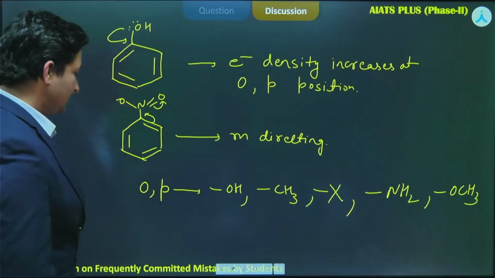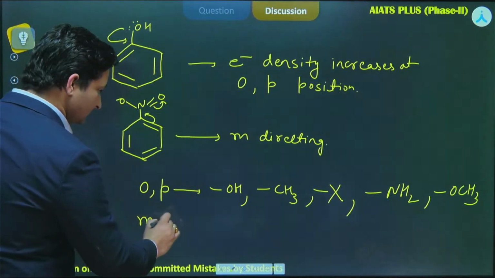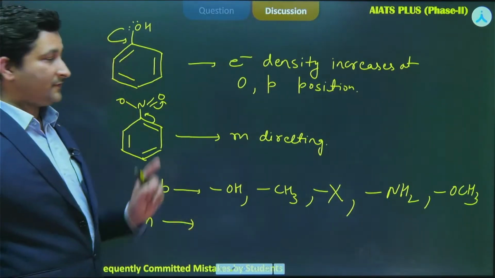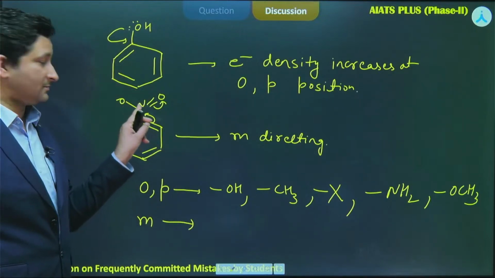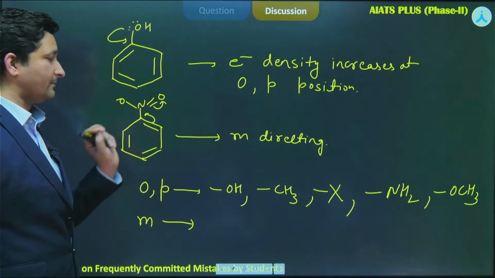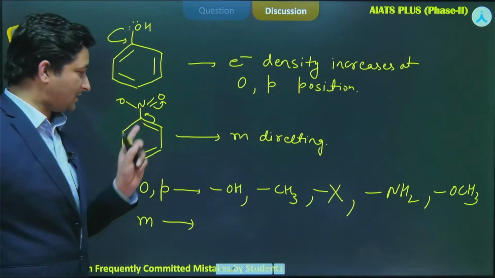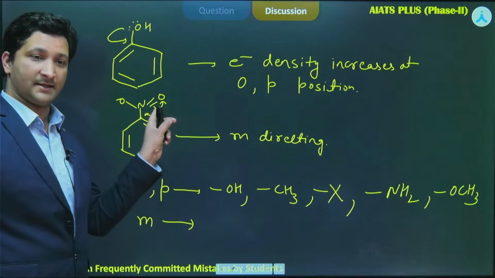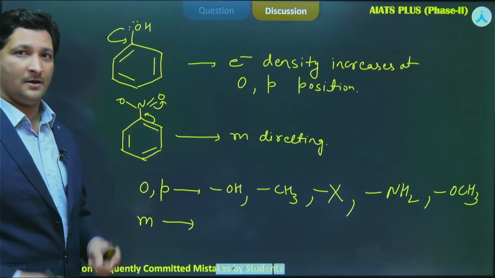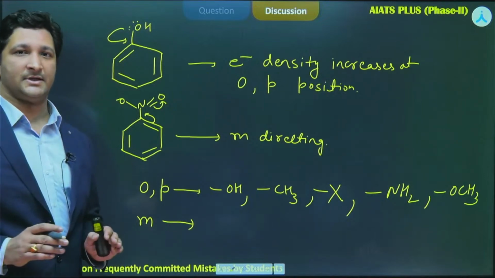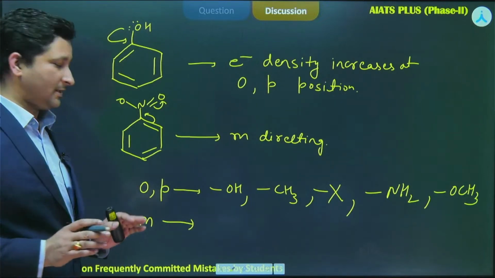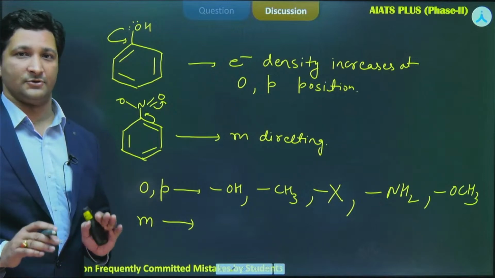But what about meta directing? If the atom which is attached to the benzene ring has a double bond, as in this case NO2 group is there, positive charge, then such substituents actually direct towards meta position.